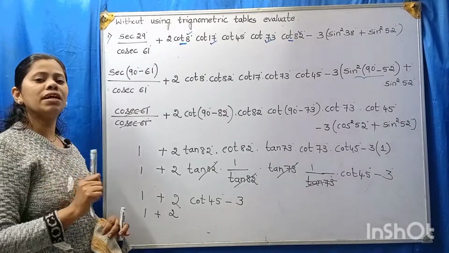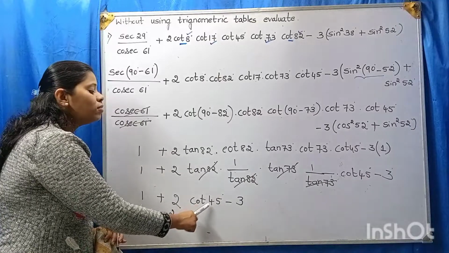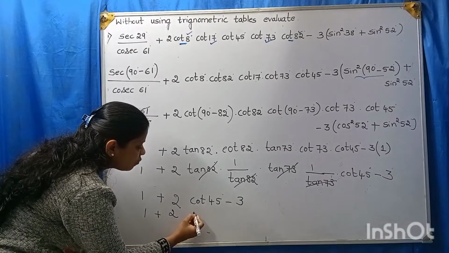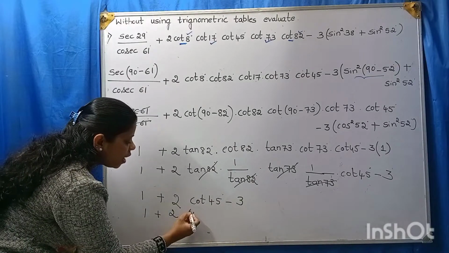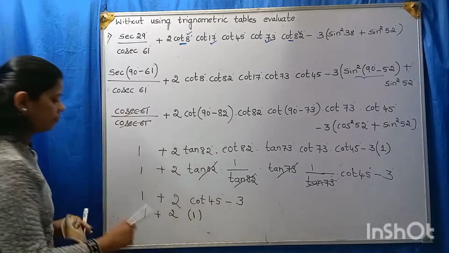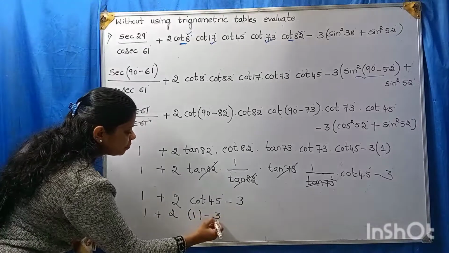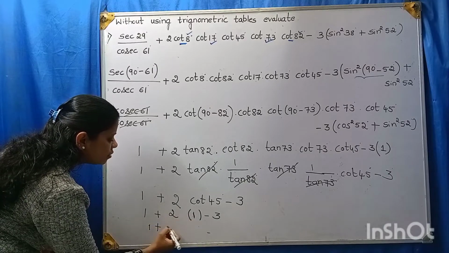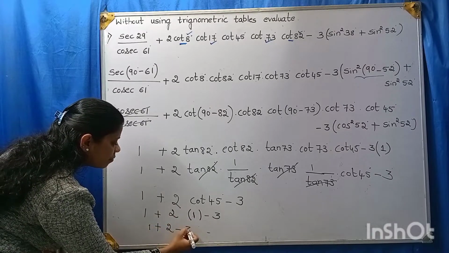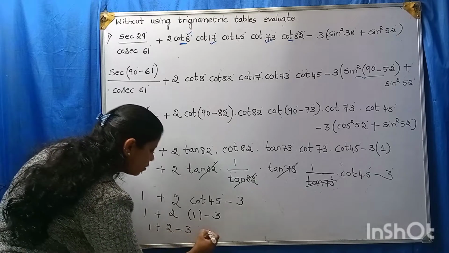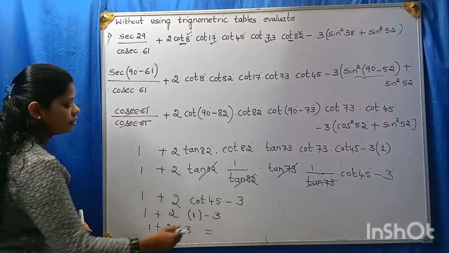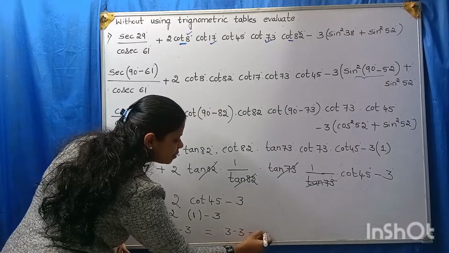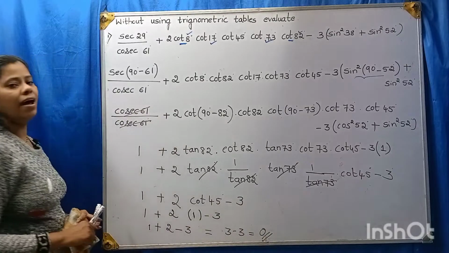In the trigonometric table, the value of cot 45 degree is 1. Therefore, this cot 45 degree, I will write as 1. That is 1 plus 2 into 1 is 2, minus 3. 2 plus 1 is 3, minus 3, 3 minus 3 cancels. 0 is the answer.